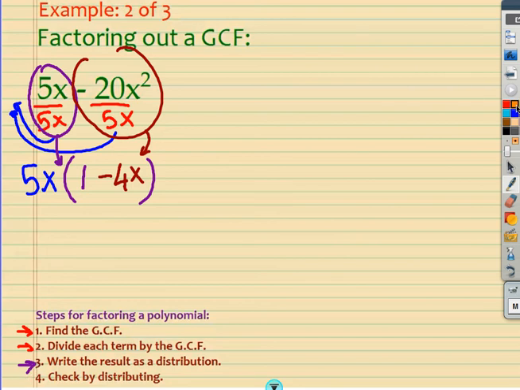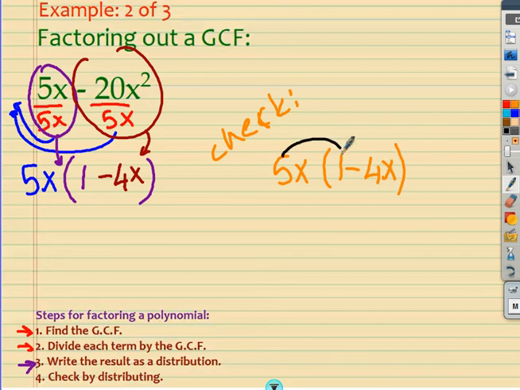In order to check to see if my work is correct, I can do a check step. 5x times 1 minus 4x. Once we do the distribution on here, we should get back to the same result. 5x times 1 is 5x. 5x times negative 4x is negative 20x squared.